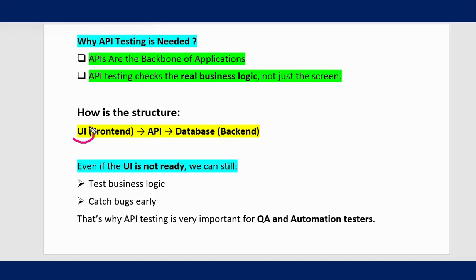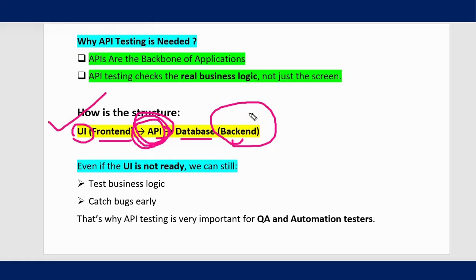It will be like UI, the one we generally call front end, then API will come in the middle, and then the database, which we can say is the backend, the server. So the API works as a communicator between UI and the backend. So what was the business logic?